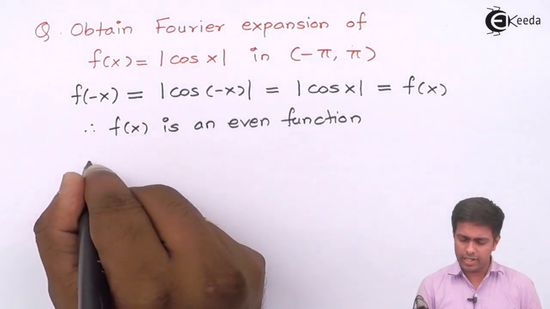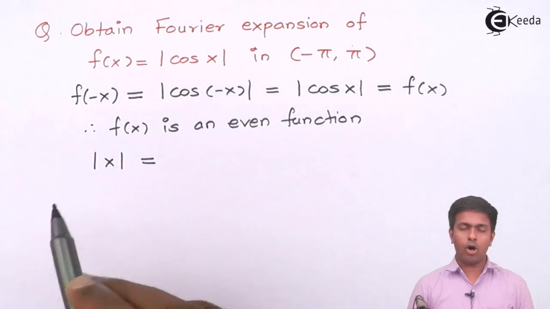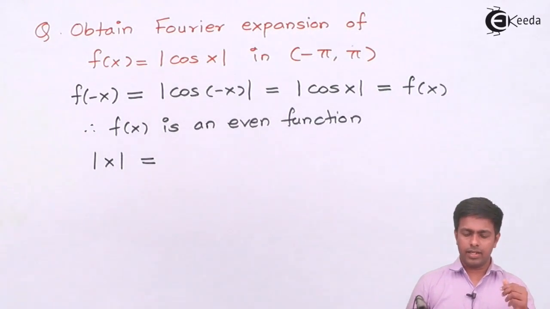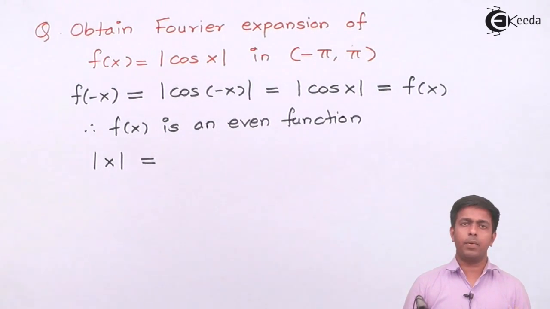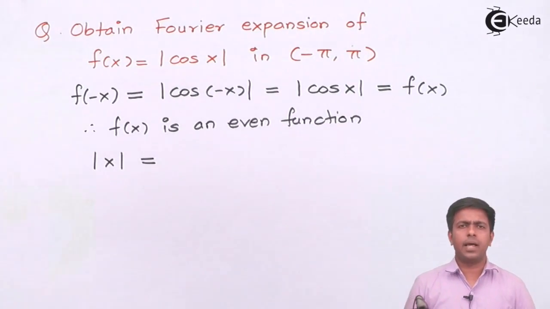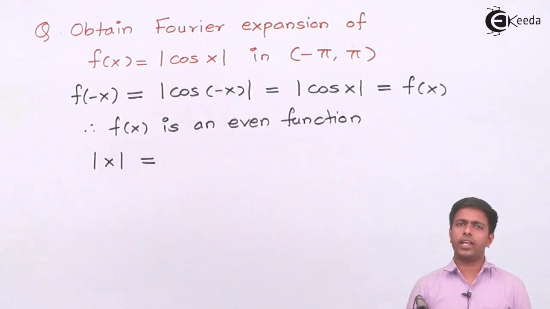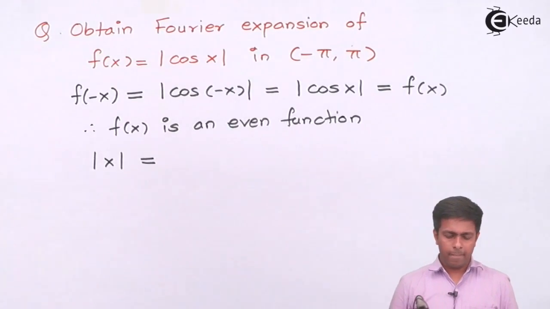So guys, you must be knowing that mod makes the negative number as positive, or it keeps positive number as positive. So for example, let's say if I have value x as minus 5, so if I keep it inside the mod, then mod of negative 5 will be always 5.